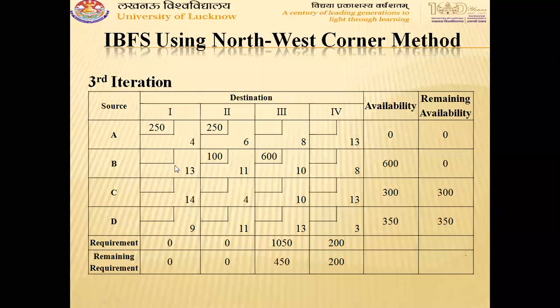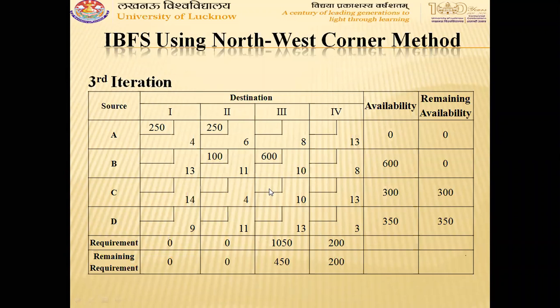After eliminating destination 1, destination 2, source A and source B, the next northwest corner will be source C and destination 3. At this place the availability is 300 units and demand is 450 units. The minimum of these two is 300, so we allocate the quantity 300 to this point.